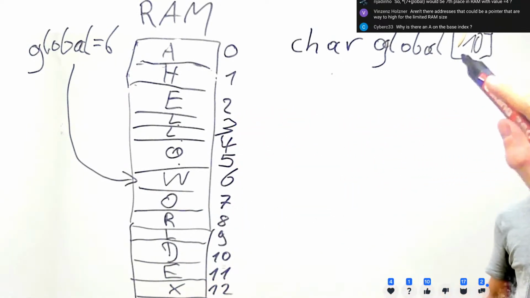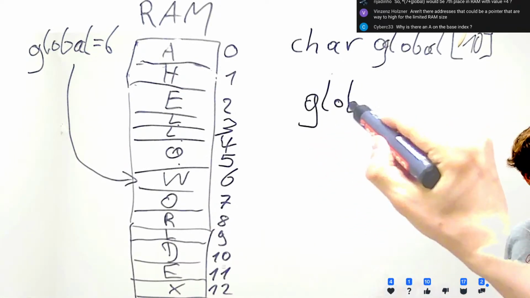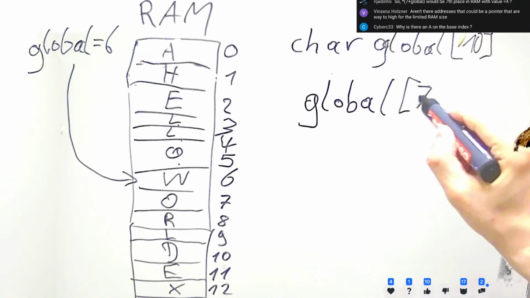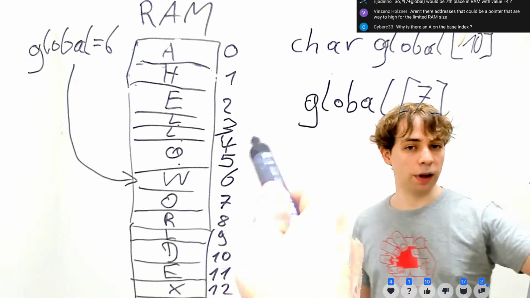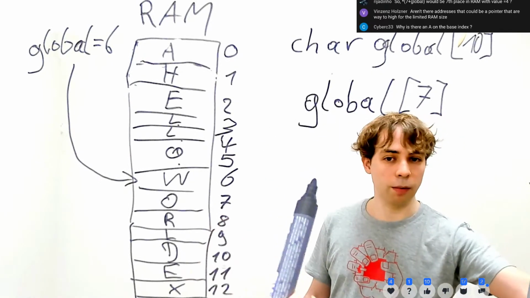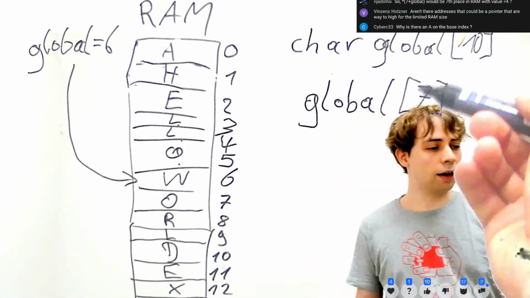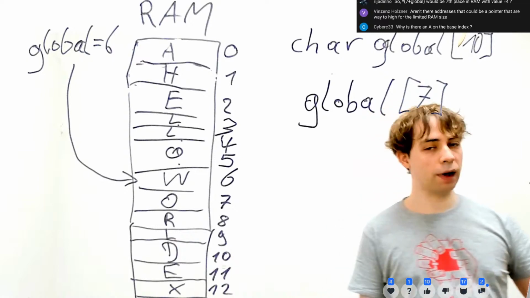Okay, let's take a look at this example again. We access this array global at offset 7. What happens? Well, the compiler will not know where this global variable is, or maybe it knows, but in the end the hardware will at some point combine these two numbers if the compiler didn't.